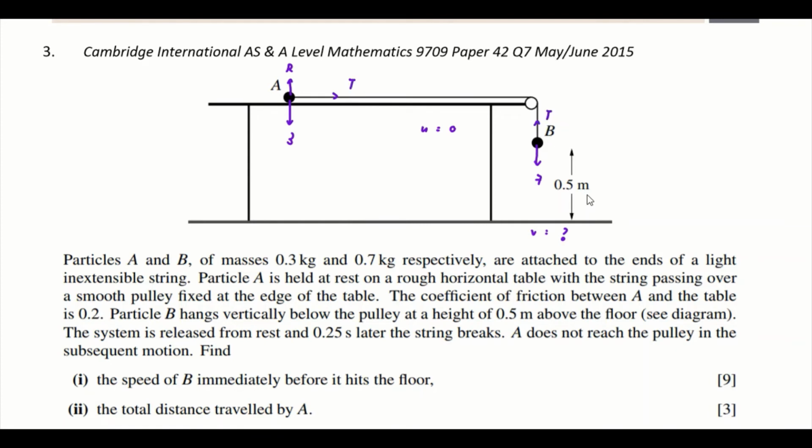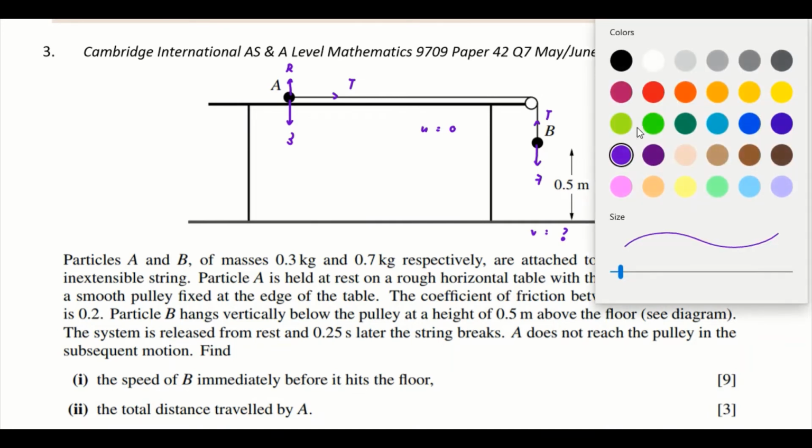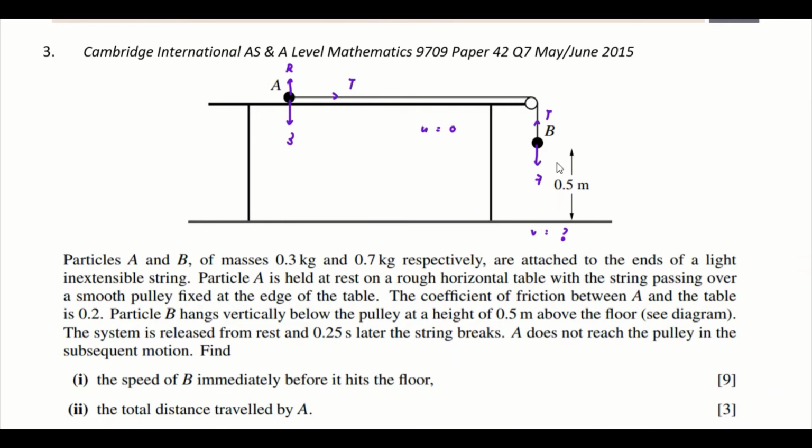Let's imagine what kind of motion is involved here. You have your normal acceleration, which is caused by the tension. Let's look at B and draw what happened to B. At the first stage, B is moving a little bit lower here.